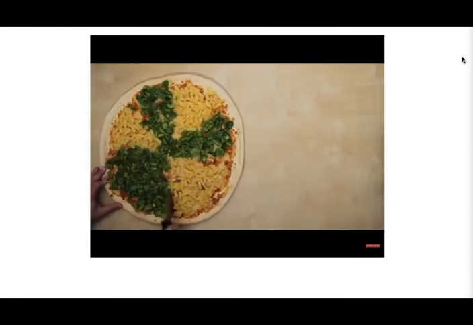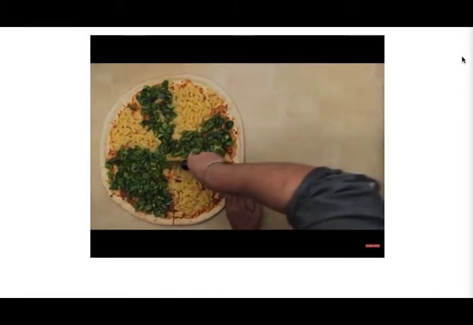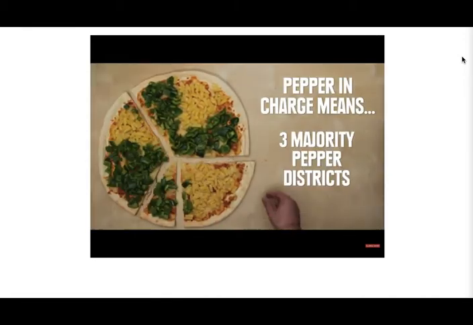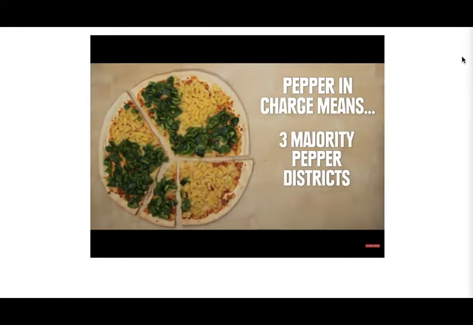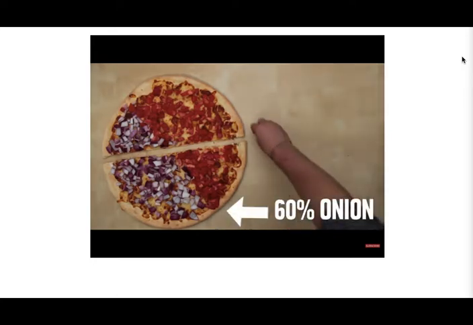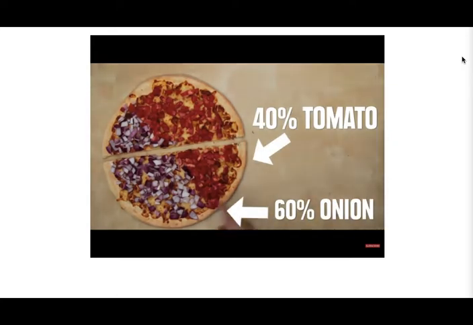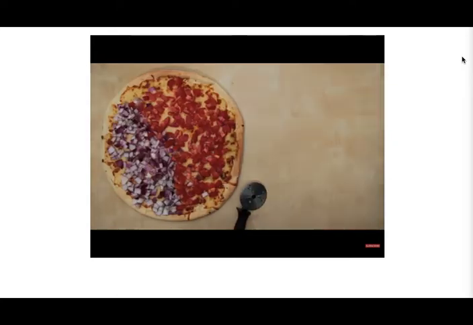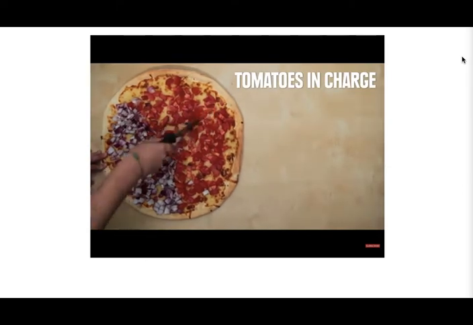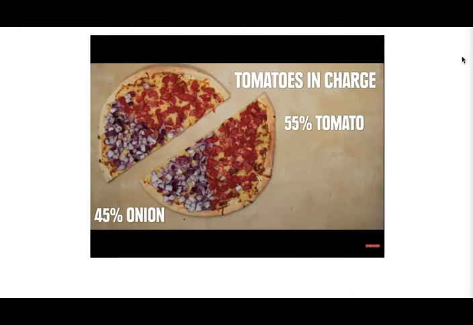But in 36 states, the process is done by whichever party is in charge. This means you could wind up with 3 slices that are majority green pepper. It's not exactly fair to the pineapple. For instance, in North Carolina, there was a district that used to be 60% onion voters and 40% tomato. But when the tomatoes were in charge of the whole state, they resliced the district so it was only 45% onion, and the long-serving onion congressman lost his job.